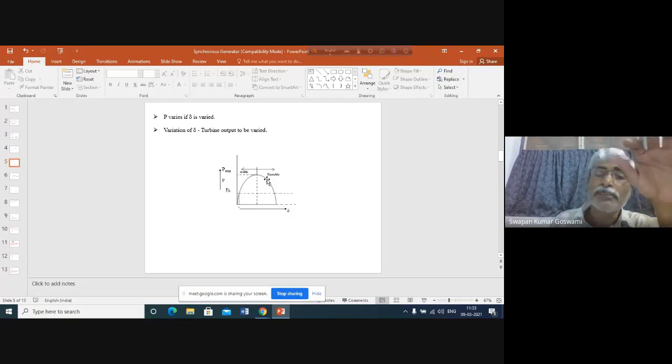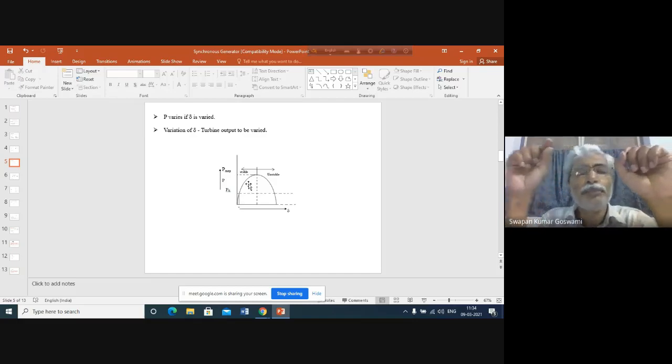Now since speed is just equal to synchronous and input power line is just here, at this point the speed of the infinite bus and speed of the generator have become the same. So from here, again the speed of the rotor will decrease. Speed of the generator will start decreasing. As a result, delta will decrease from here, and again after some oscillation, maybe generator will be stabilizing at this point.